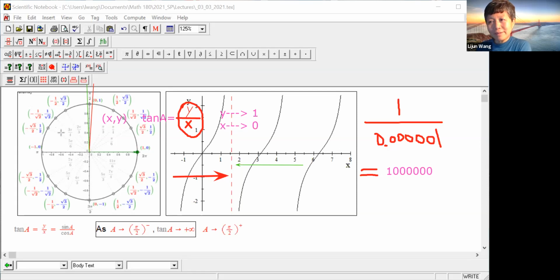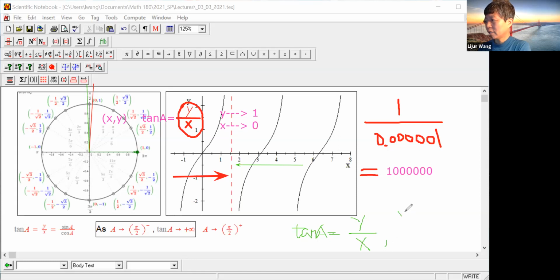And what happened is that in the second quadrant, tangent is negative, right? Tangent is negative. So now we have a situation: tangent of this angle, of course, is still equal to y over x, right?